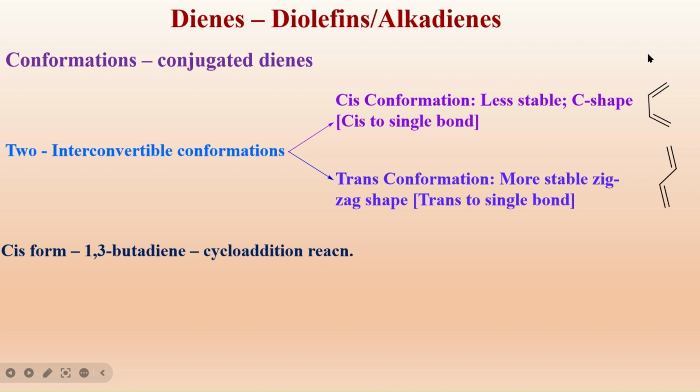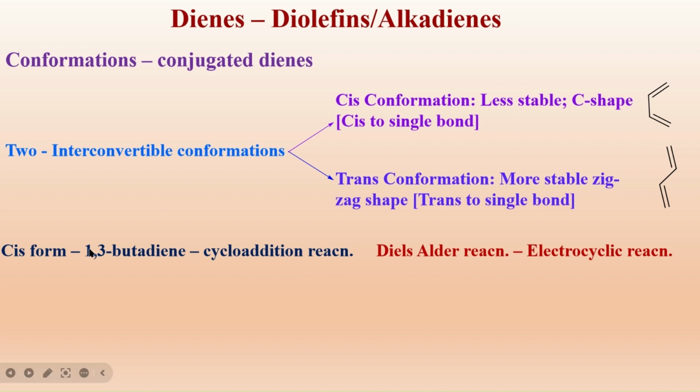The cis form of 1,3-butadiene can react with an alkene like ethene, and it undergoes addition reaction followed by formation of cyclic products. That's why we call it cycloaddition reaction. This cycloaddition reaction was first identified and explained by Diels and Alder. That's why it is named the Diels-Alder reaction.